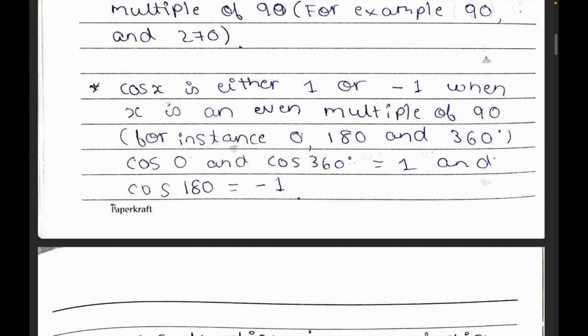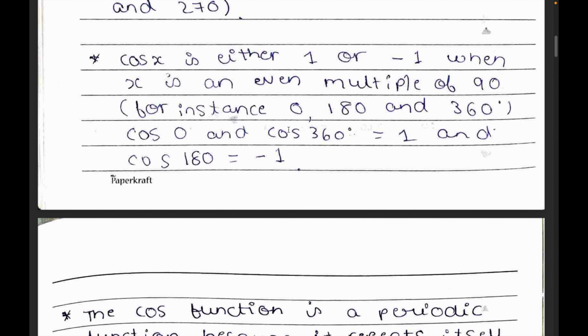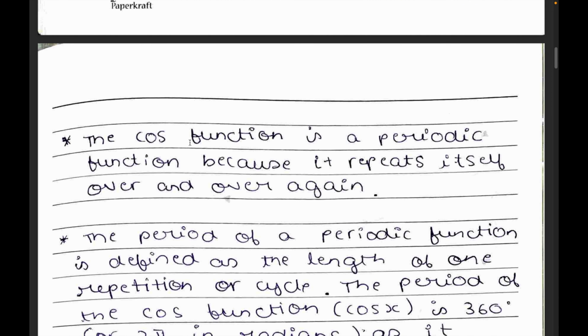At 0, we have a maximum. At 360, we have a maximum. And at 180, we have a minimum. Then cos x is a function. The cos function is a periodic function because it repeats itself over and over again.